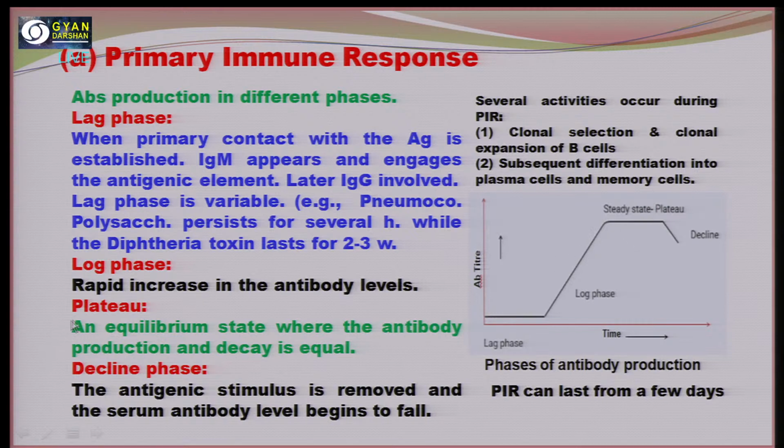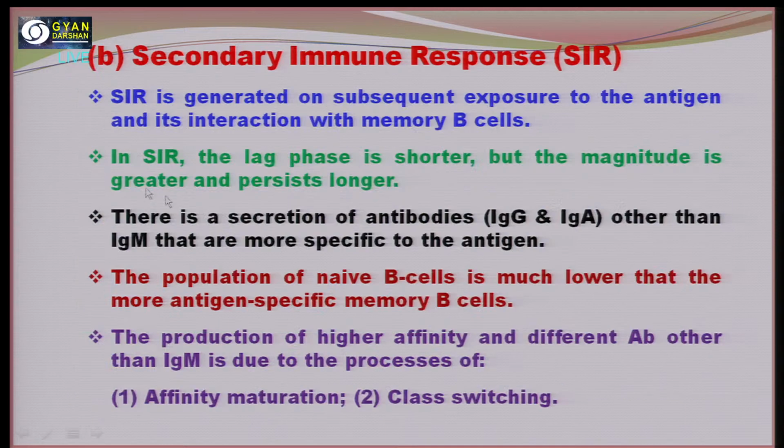Then the fourth is the decline phase, where the antigenic stimulation is removed and serum antibody level begins to fall. So you can understand the different phases of antibody production.